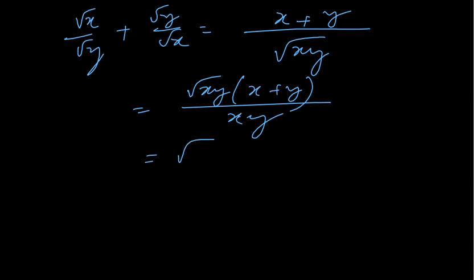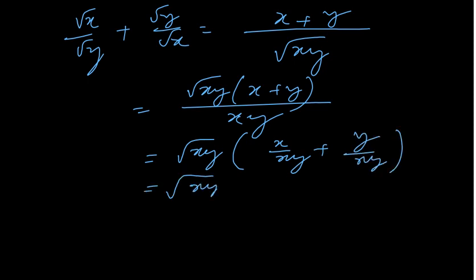Then if you still want to simplify, you will have x by xy plus y by xy, so that gives root xy, and x gets cancelled, 1 by y plus 1 by x. This is the answer. If I have minus here instead of plus, you will have 1 by y minus 1 by x. So everywhere where you have plus, you will get minus.